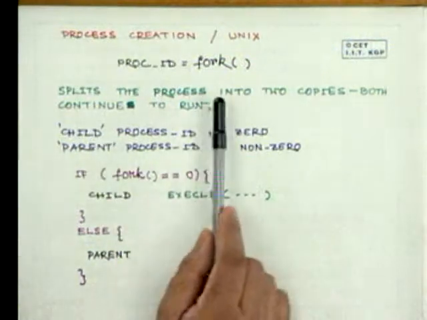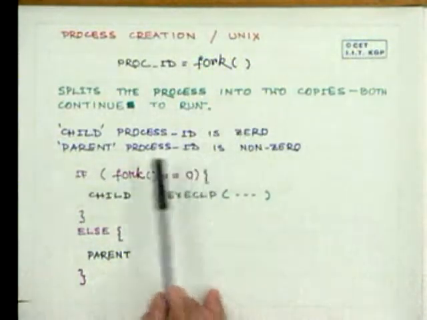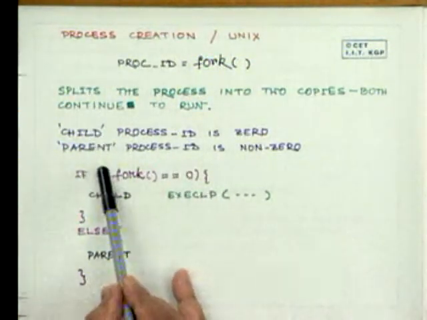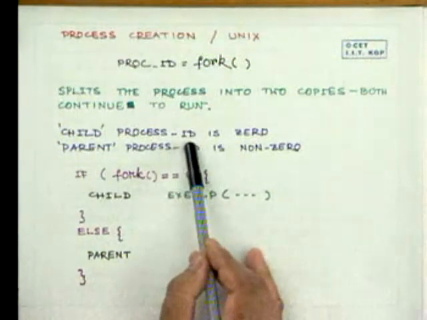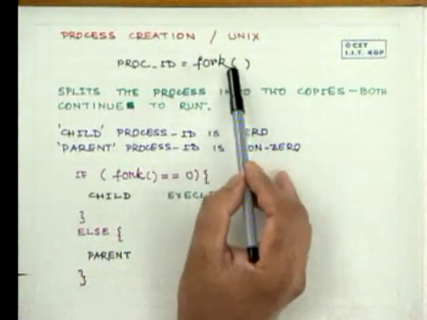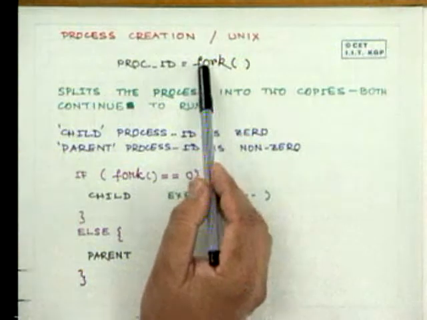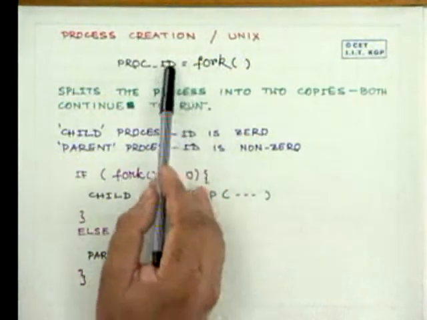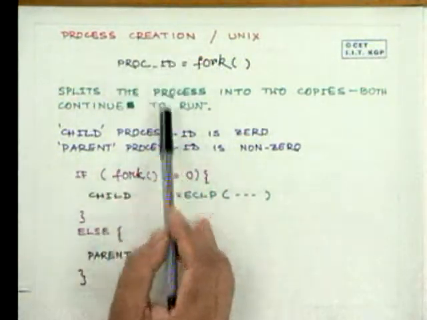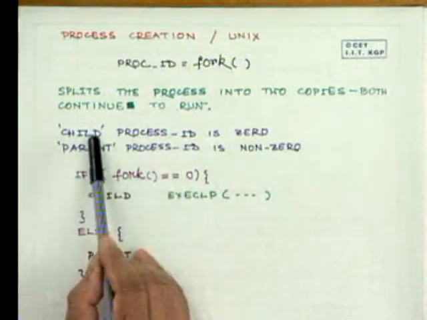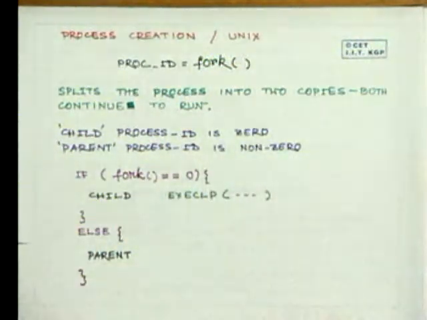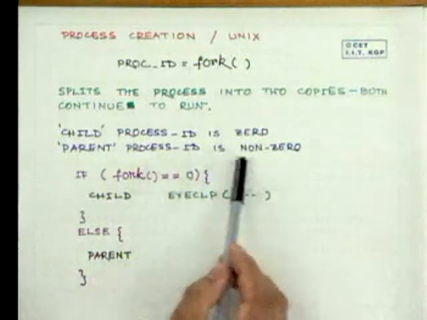Now, how does one know which is the child process and which is the parent process? Whenever you call a fork, it returns a process ID, and this process ID we can store in a variable and check. The child's returned ID is 0 and the parent's is non-zero.